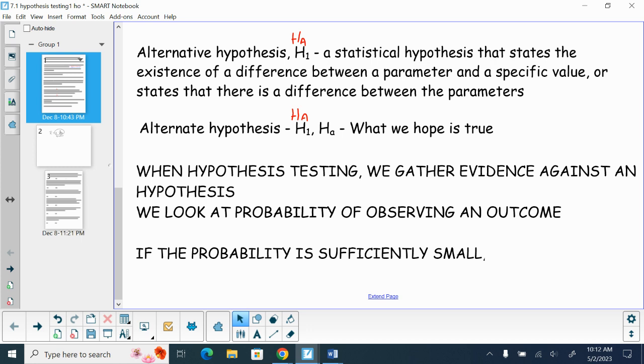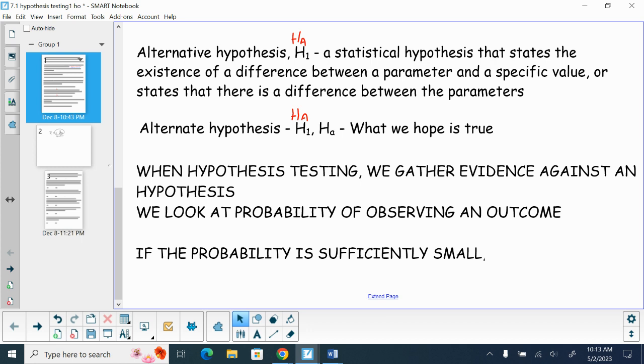In hypothesis testing, we gather evidence against the hypothesis. We look at the probability of observing an outcome, our probabilities. And that probability goes back to our Z table and our T table. Okay, because our Z table gave us area. Area gave us probability. So there's a lot of connection to the tables and what we're dealing with here.